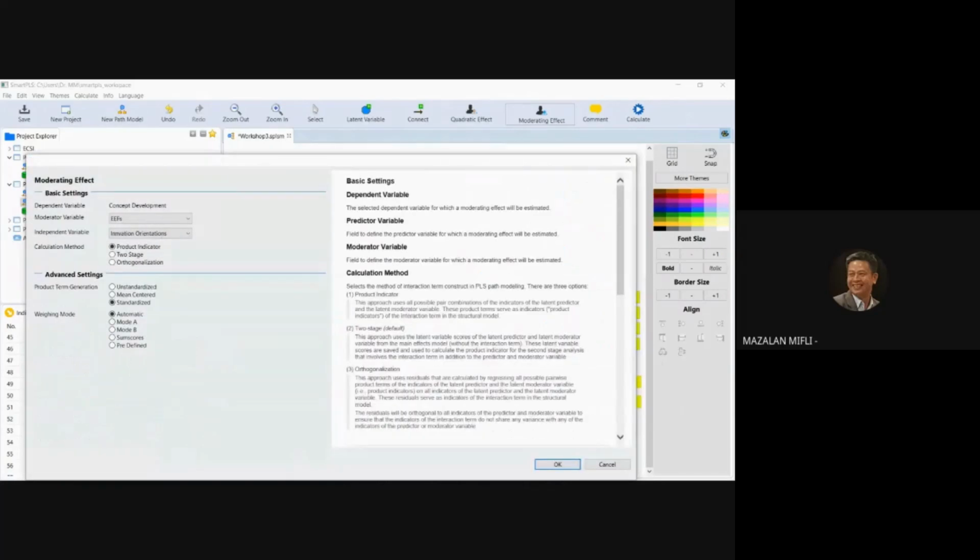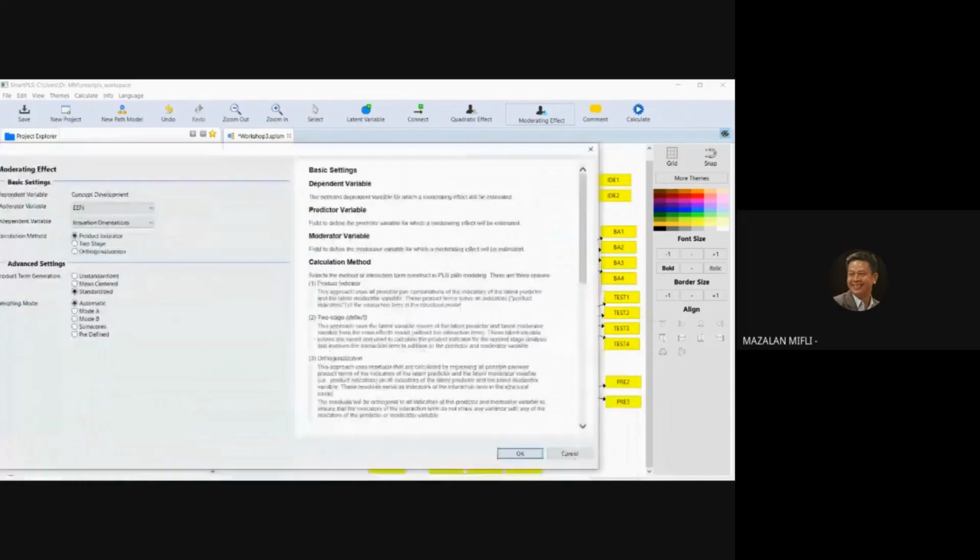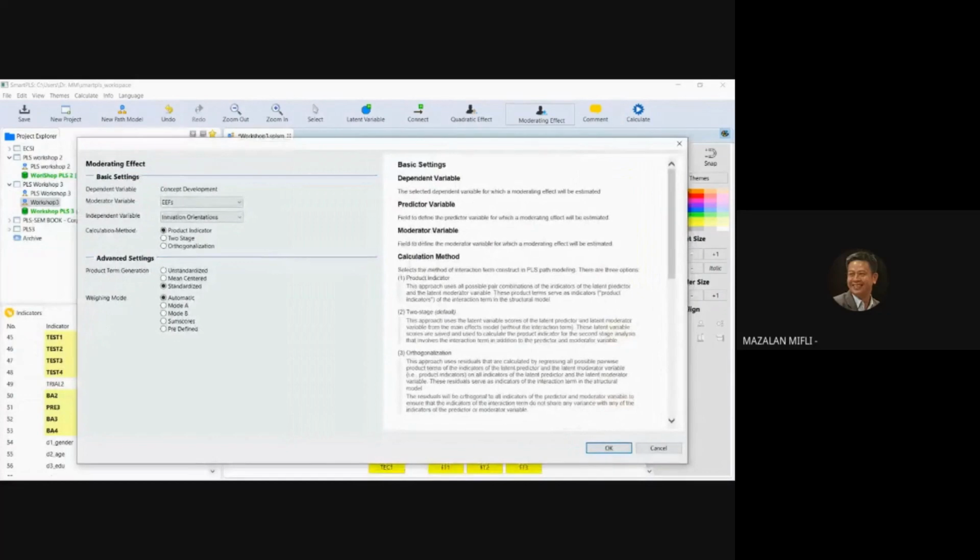That is what product indicators do. Two-stage, you can read about it here, there are two-stage values and so on, but just use the product indicators. Here, use standardized and weighting automatic. That's fine.